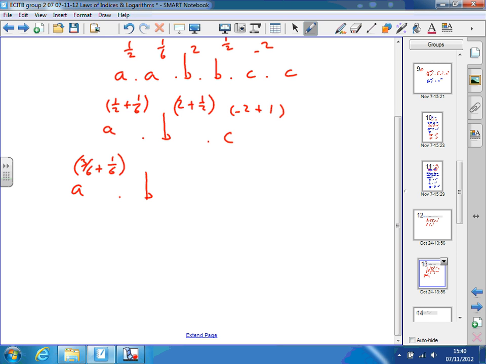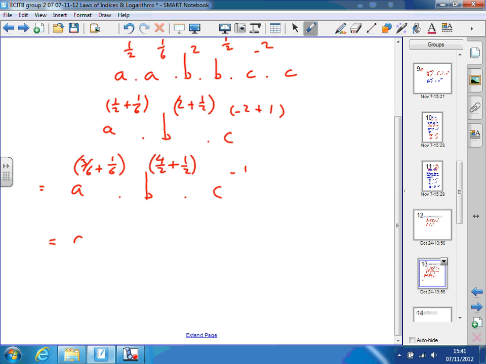and b, 2 plus a half is 2 and a half, but we wouldn't write it as a mixed number like that. 2 is 4 halves, so that's 4 halves plus a half. And then c, minus 2 plus 1 is minus 1. So now, 3/6 plus 1/6 is 4/6. 4/6 simplifies to 2/3.